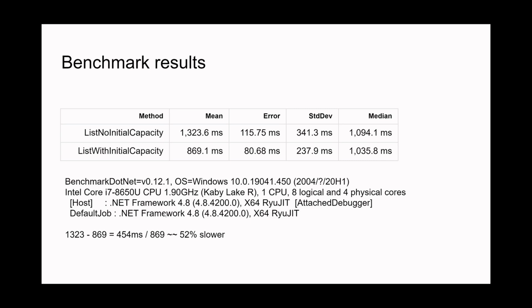Without initial capacity, it took 1300 milliseconds, and with initial capacity it only took 869 milliseconds. There's a huge gap, around 450 milliseconds, and if you do some small math, you'll find that we are actually 52% slower, which is significant.